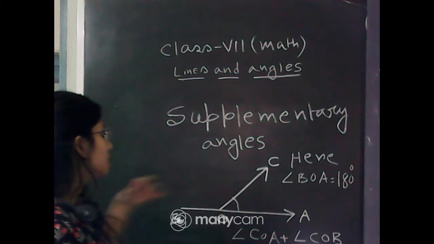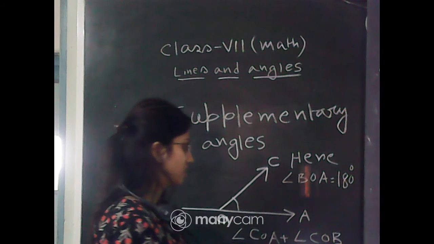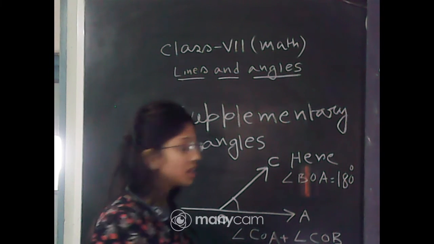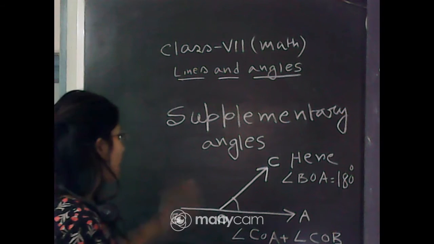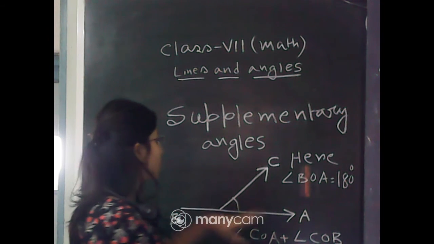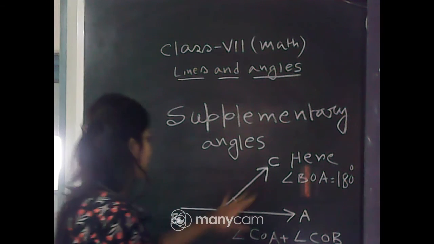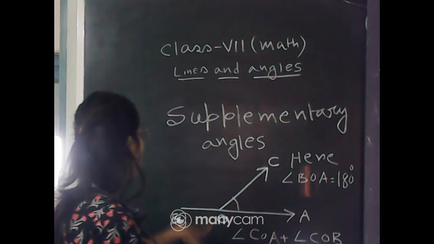Since their sum is 180 degree, these angles are called supplementary angles, and angle COA is the supplement angle of the angle COB.